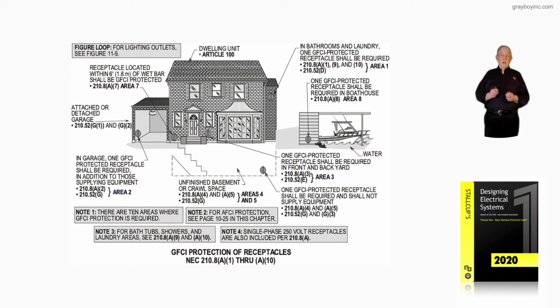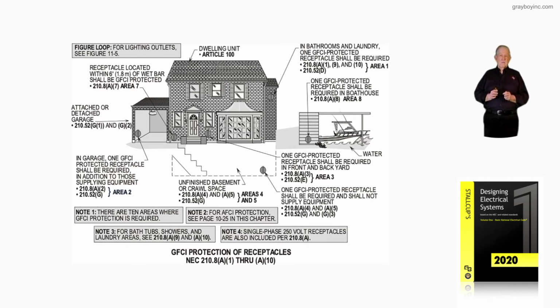If you had, say, a range, you cord and plug connect a 240 volt single phase range, GFCI protection. You have to hardwire this stuff now if you want to get away from the GFCI protection, and in some cases you can hardwire it due to the specs of the manufacturer. So care is going to have to be taken on this new rule for single phase 240 volt receptacles. It's new in the 2020 NEC.